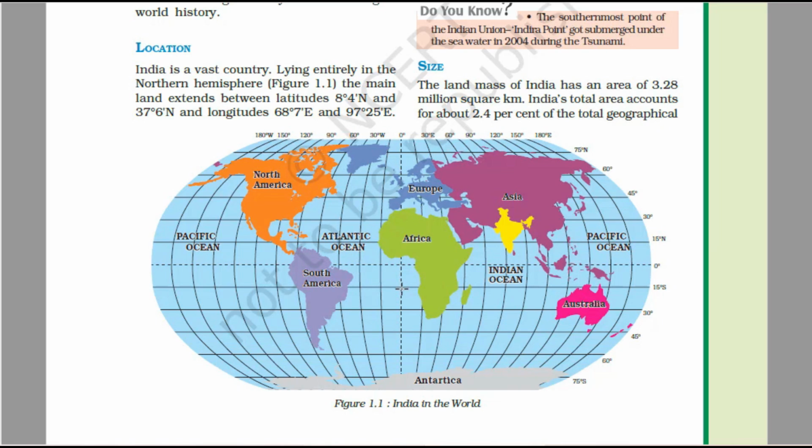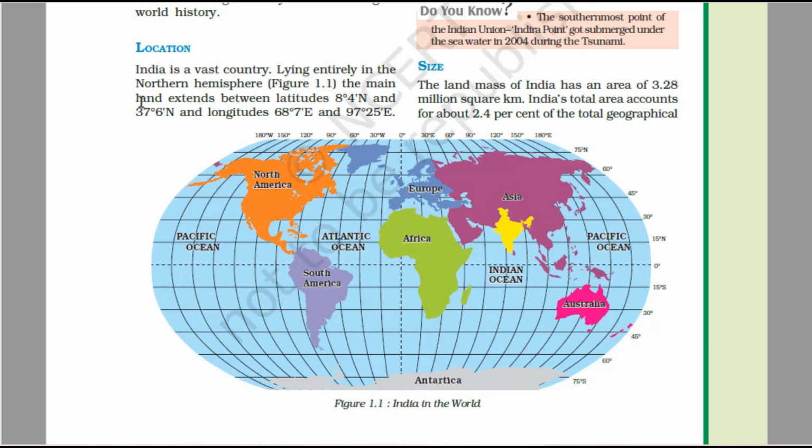Similarly, if we are going downward, we are moving to the south. So here it is our country India. It is lying in the northern and eastern part of the globe, or we can say the northern hemisphere. It is clear to all.